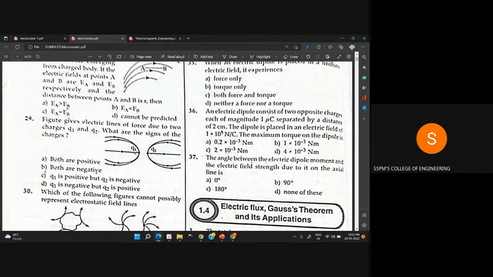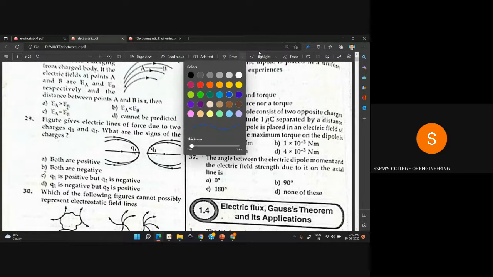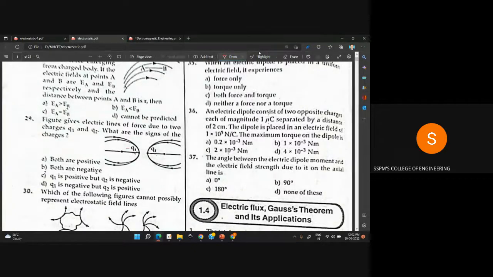As you know the property of the electric field, it originates from a positive charge and terminates at a negative charge. Look at this figure. These lines of field are terminating at Q1, so definitely Q1 must be negative, isn't it? Why is it negative? Because the lines of field are terminating.